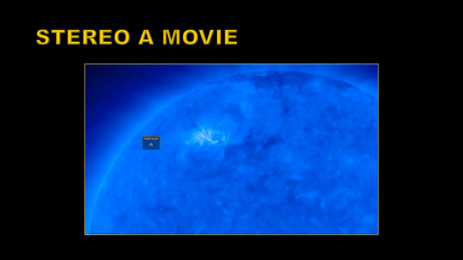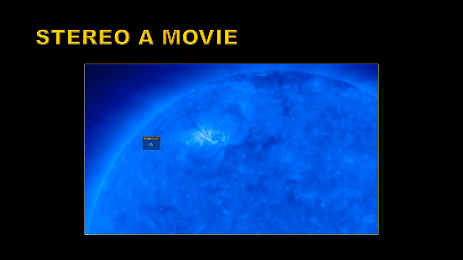Now, we first saw this region come over the east limb of the sun, but we don't know how long it was active before it did so. To find that out, we can go to the Stereo A spacecraft and look at a movie in some of the equivalent lines that we have from the Solar Dynamics Observatory. So this is a movie starting about 3 or 4 days before the region came over the limb.